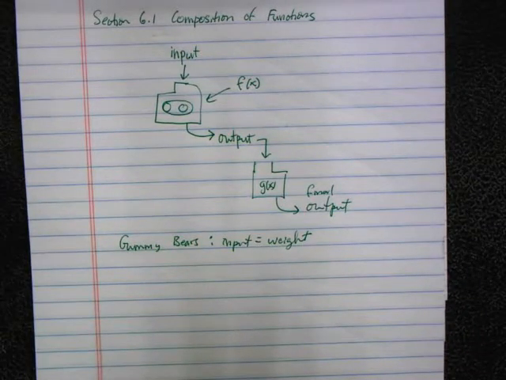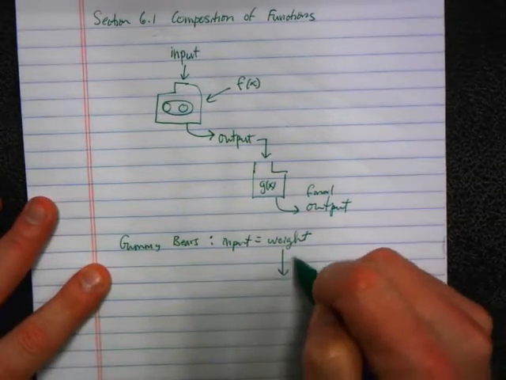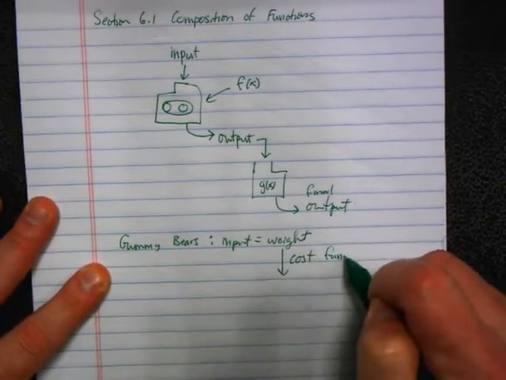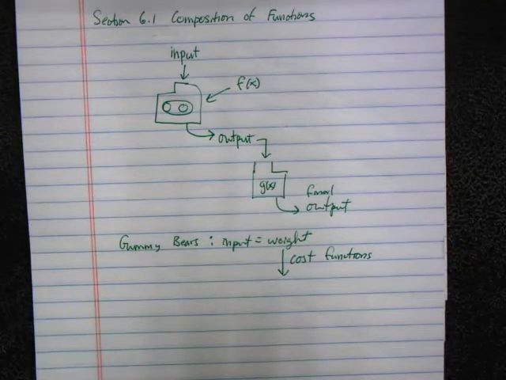Then what happens? The weight goes into a function saying how much it will be. The weight goes into a function, and the function is, we'll call it the cost function. So basically, if the gummy bears cost $2 a pound, they take your weight and they multiply it by $2.